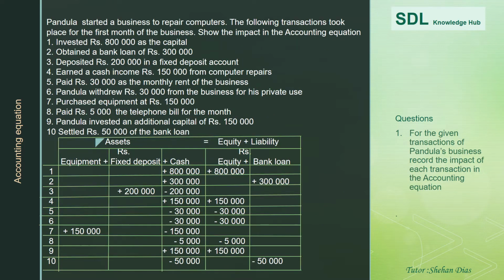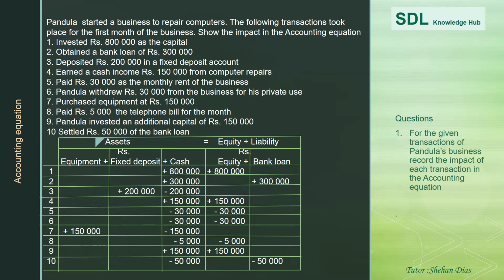Let's look at a question regarding the accounting equation. We have 10 transactions to be recorded in the accounting equation. When recording in the accounting equation, you have to record them for assets under different types of assets and liability under bank loan. So let's look at the recording of these transactions.